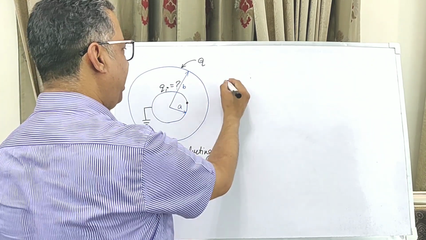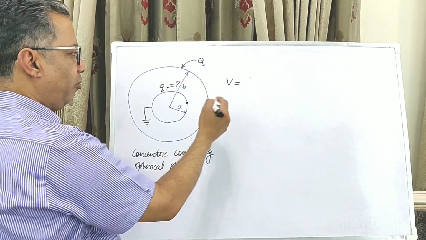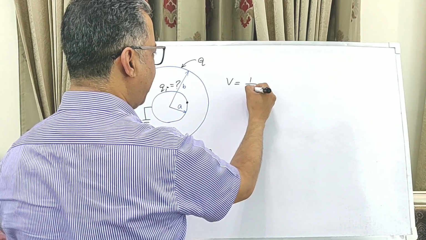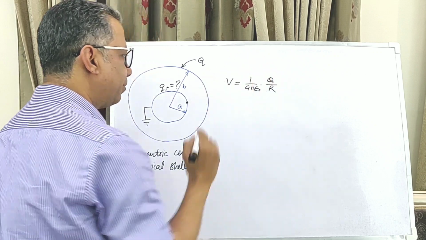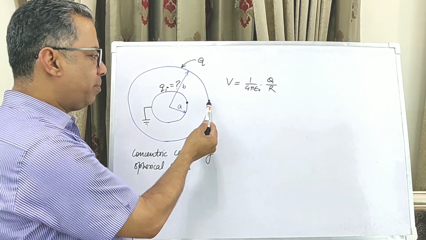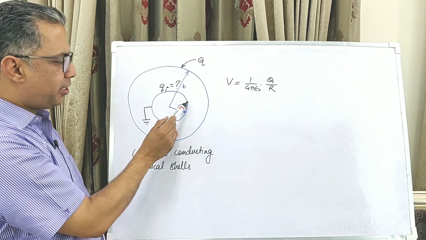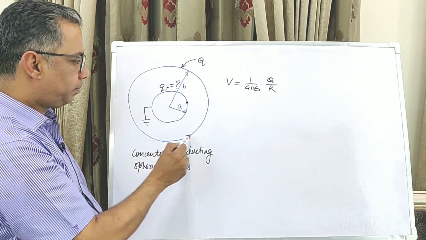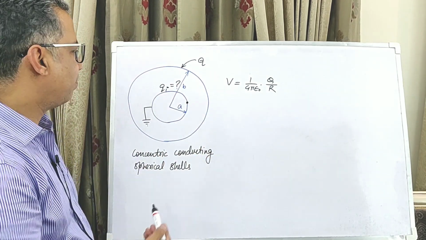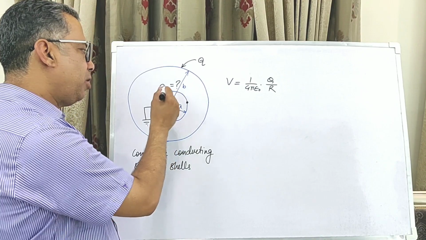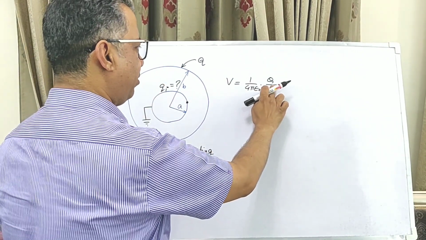So the potential V here, because of capital Q, this shell, will be 1 by 4 pi epsilon naught Q by capital B. That's how you calculate the potential at a point inside a shell. Instead of R I should have written B over there, sorry.